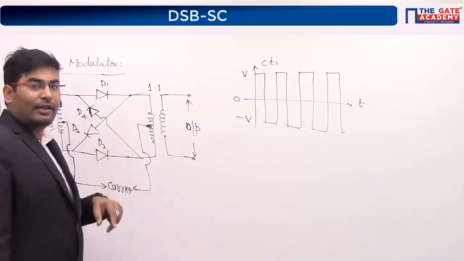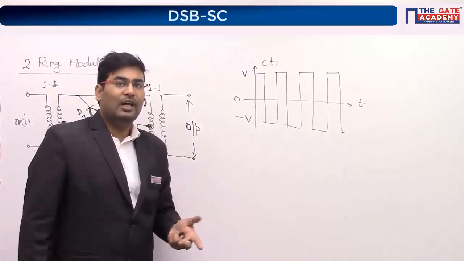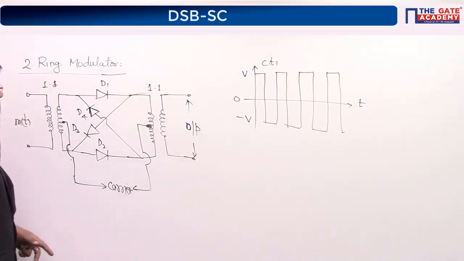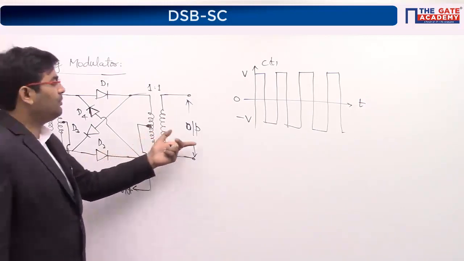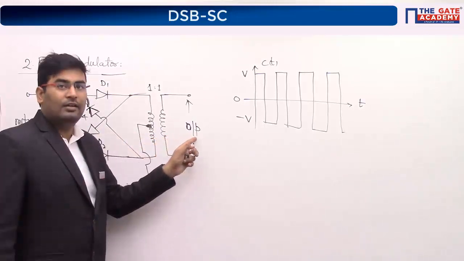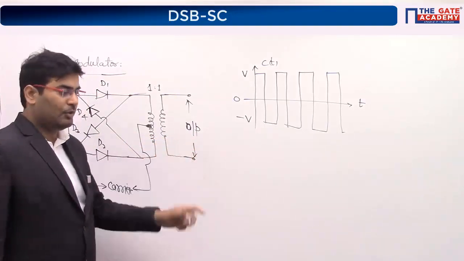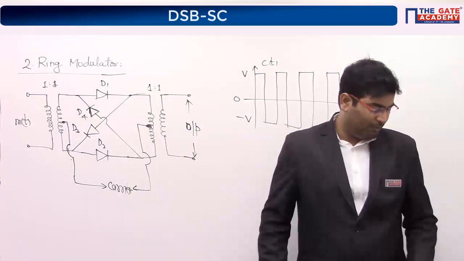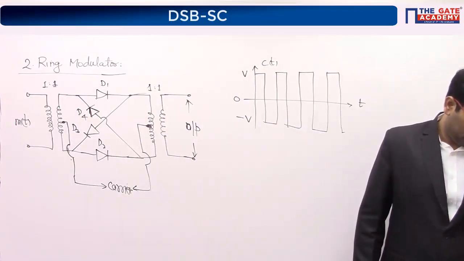So at a time, only a pair of diodes will be forward biased and a pair of diodes will be reverse biased. Now, you also know that if m(t) is equal to 0, the output will also be 0, right? Clear? I hope so. At any point, if you have any question, please ask.